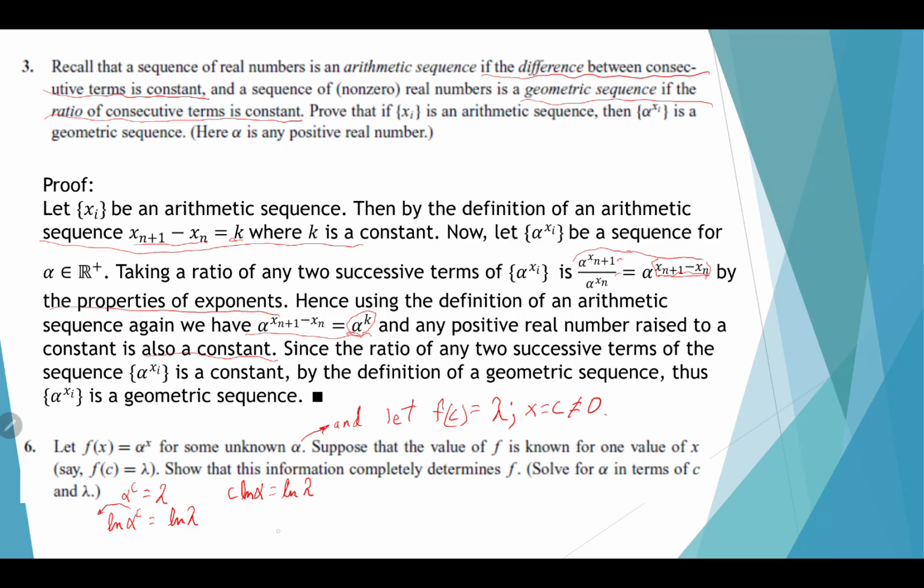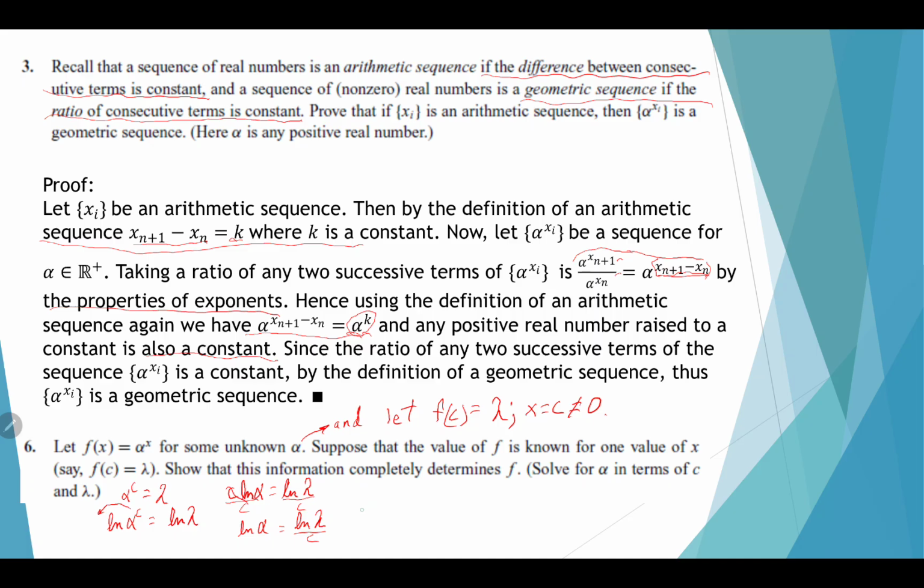Let's divide by the c. So I have ln of alpha is equal to ln of lambda divided by c.